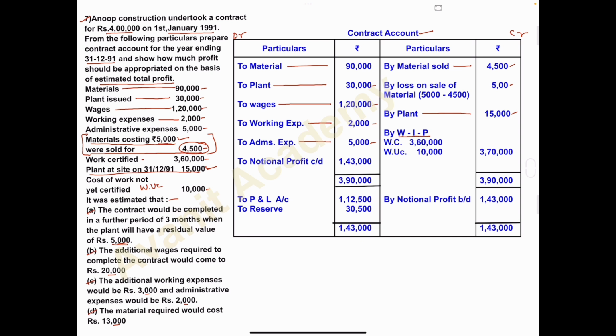The work certified amount, see in the problem, is 3,60,000. So write work certified 3,60,000. Work uncertified is here. Cost of work not yet certified is considered as work uncertified. Amount is 10,000. Work uncertified 10,000. And the total of these two is 3,70,000.